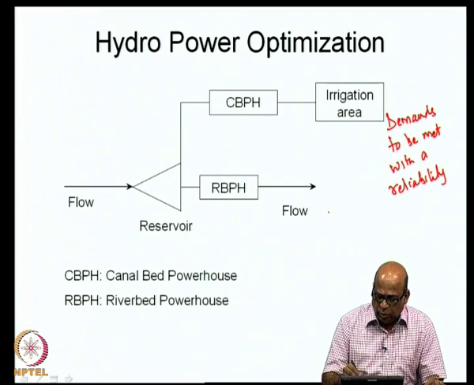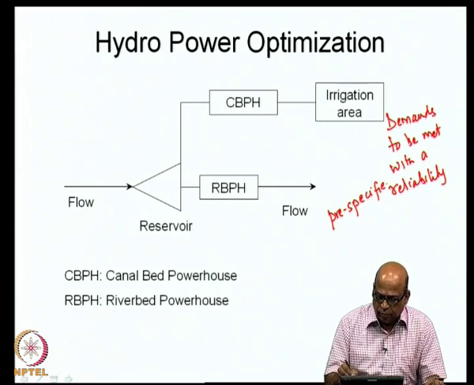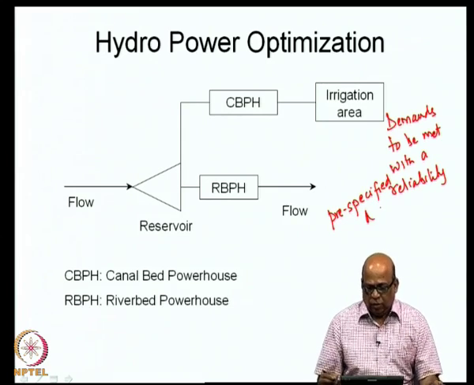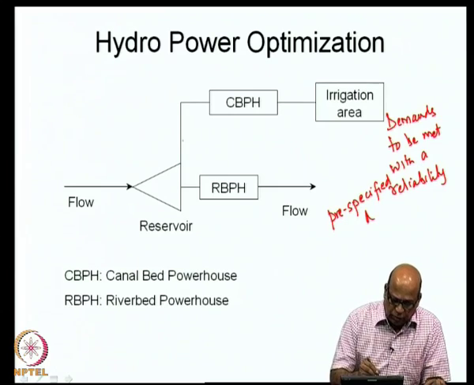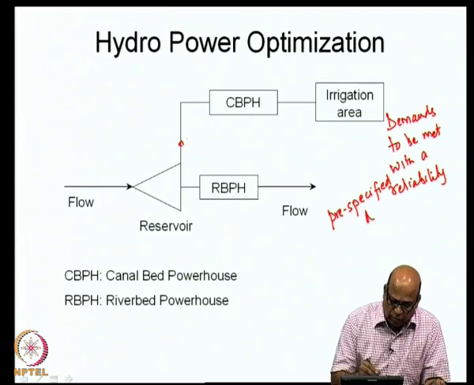This is a pre-specified reliability. And because of which the release here, that we will call IRT, let us say that it is an irrigation release or release for irrigation.